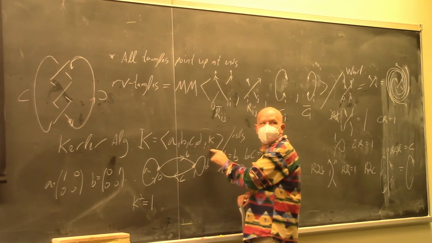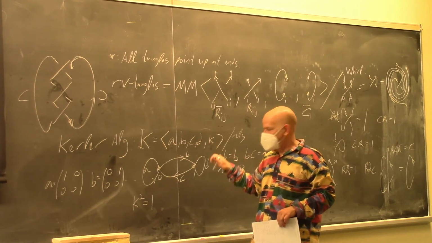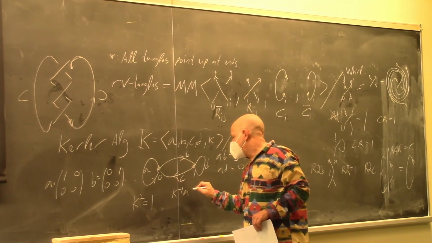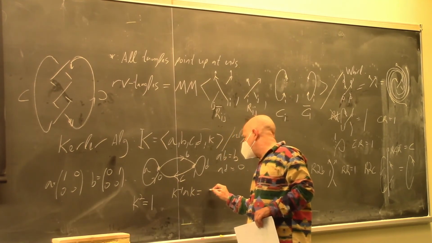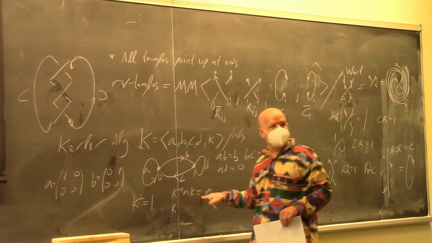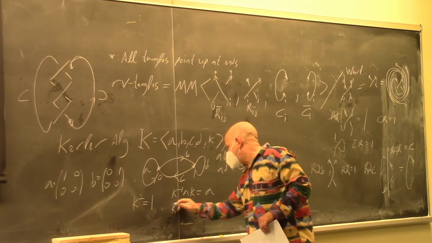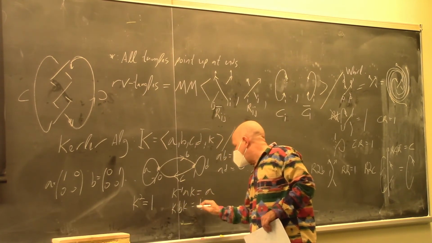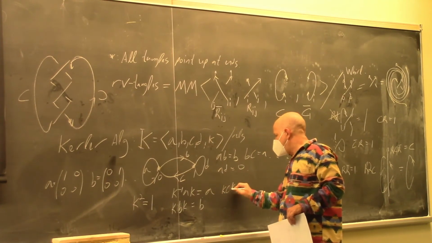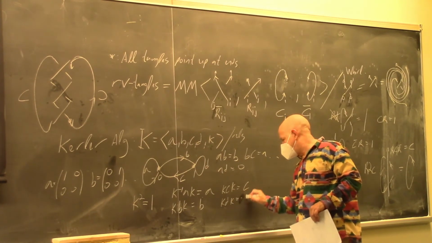The Z mod 2 is this K. When conjugating A, B, C, or D, K inverse A K is equal to roughly A. I don't need to write the inverse because K squared is equal to 1. Likewise, KBK is roughly B, KCK is roughly C, and KDK is roughly D.